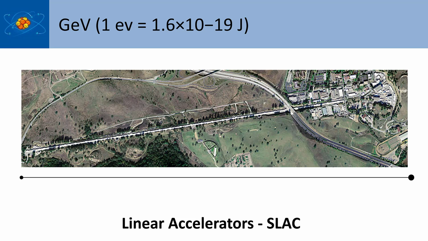In the SLAC, they start the particles in the linear accelerator, pulling and accelerating them towards this complex down here, which is used to receive the particles. They get filtered out and sent to different research facilities.